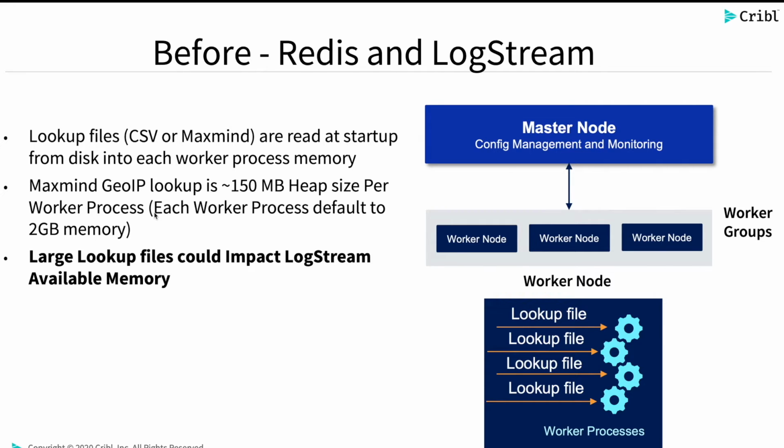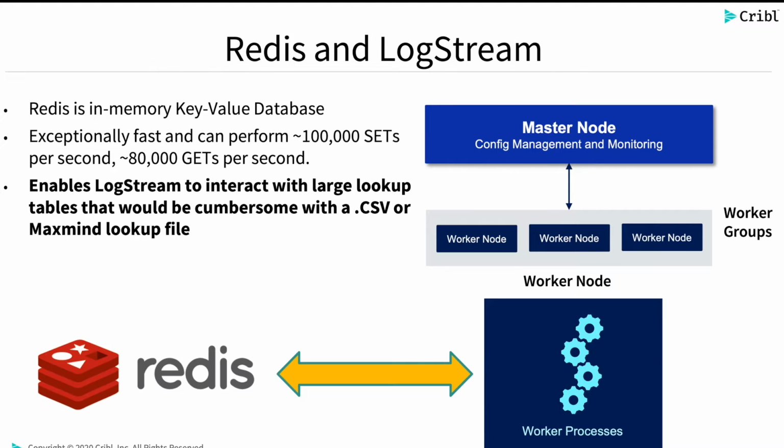And that is considering that each worker process by default was designed to work with 2 gigabytes of memory, which means that for very large lookup files, this requirement of loading the lookup files into the worker process memory could impact LogStream's available memory.